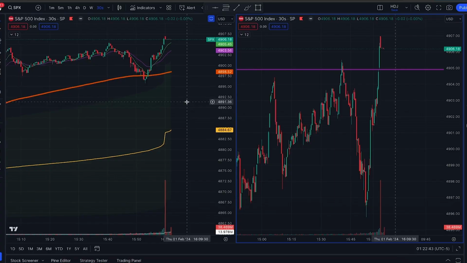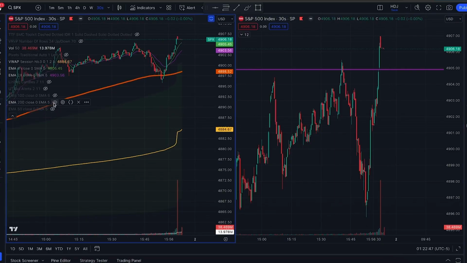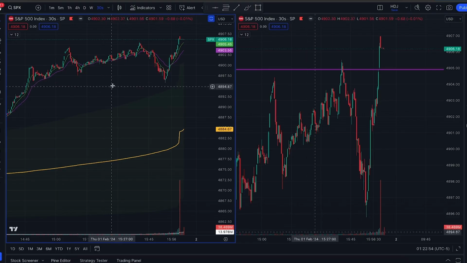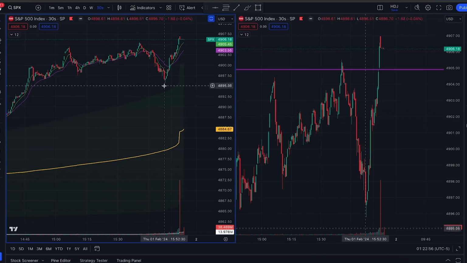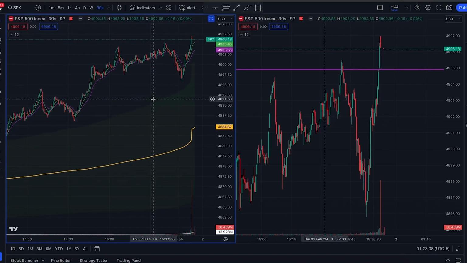We can take off this 200 moving average just to show you really quick. Okay, so you can see my crosshairs on both sides, right? It's support here, we had a bottom here, but if you look to the right, it's also a bottom. So you want to see the same thing lining up. Now this is a 30-second chart.